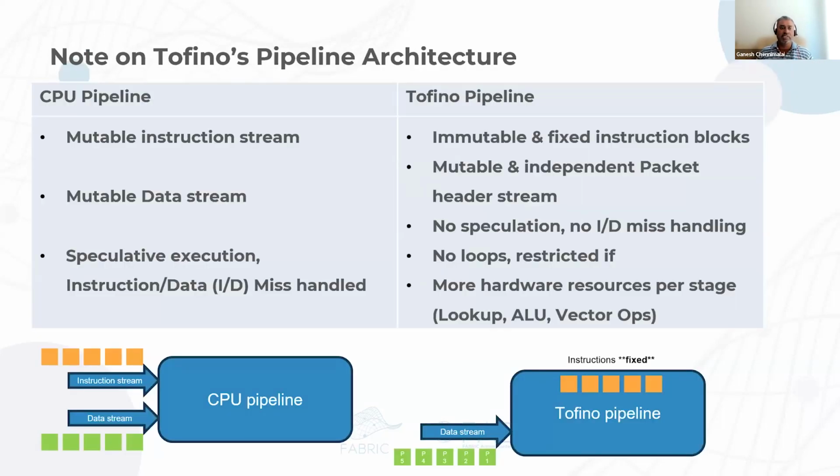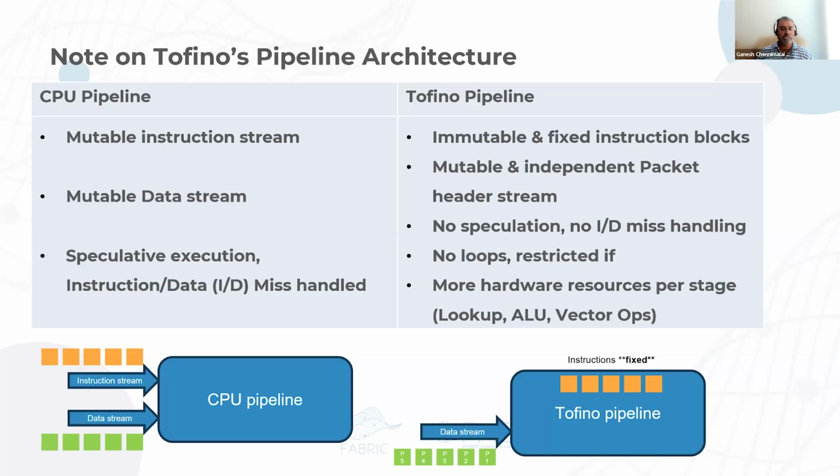So with that, we are going to look a little deeper into Tofino's pipeline architecture to understand why it is giving us better performance when compared to CPU, and where the limitations are.